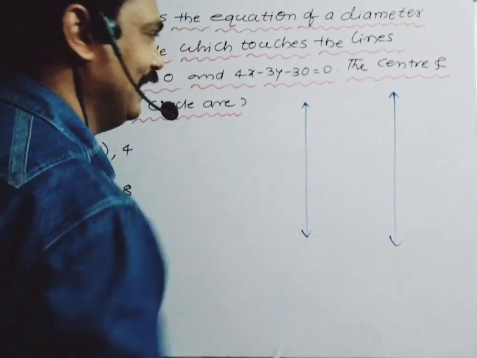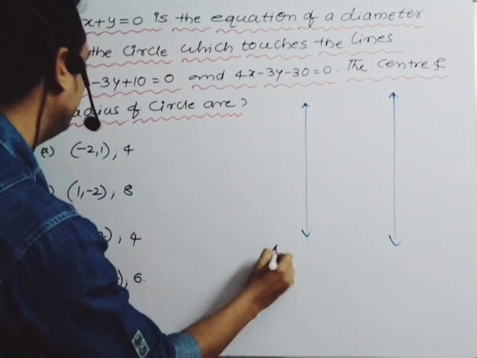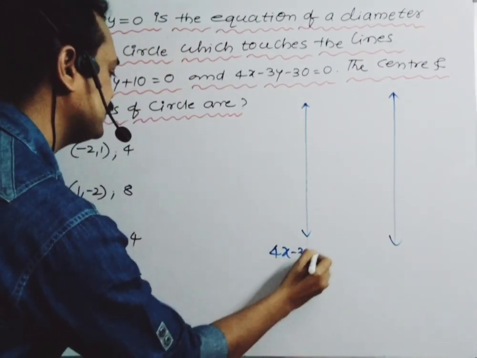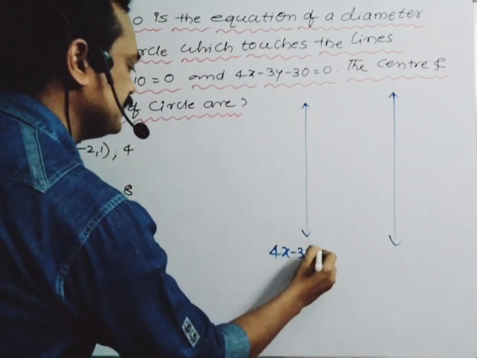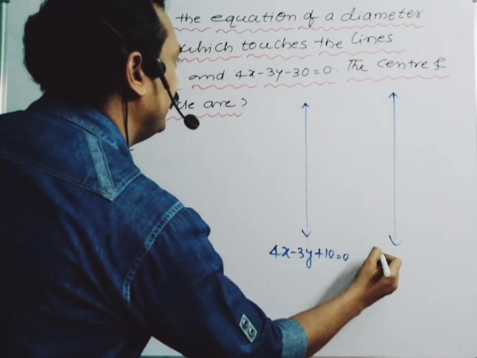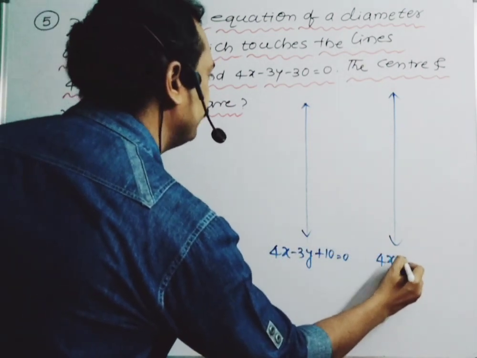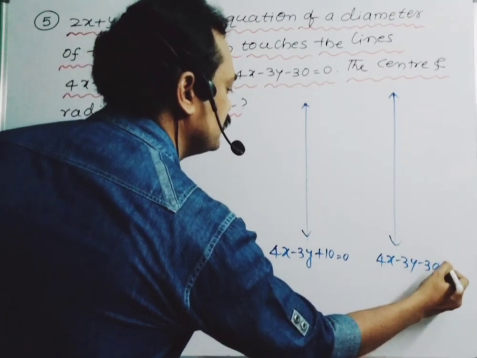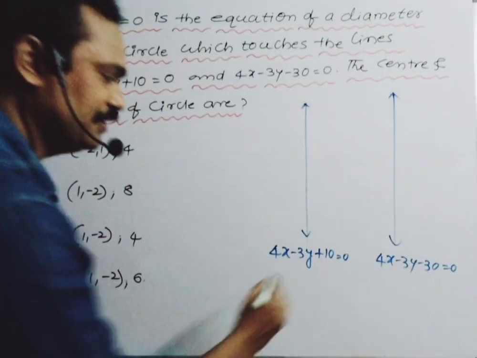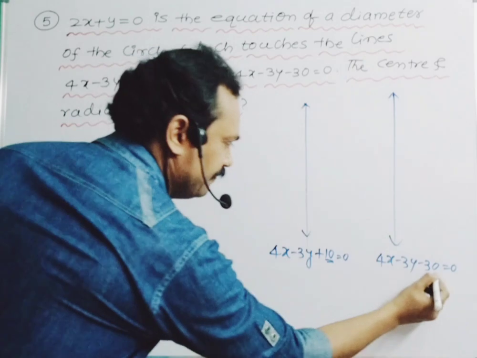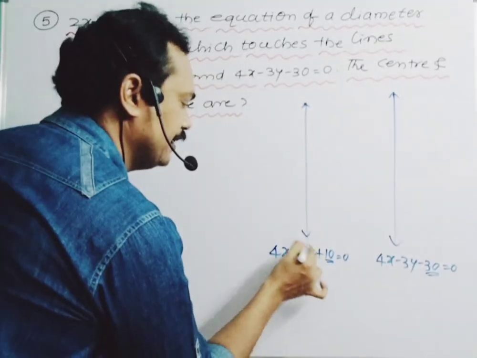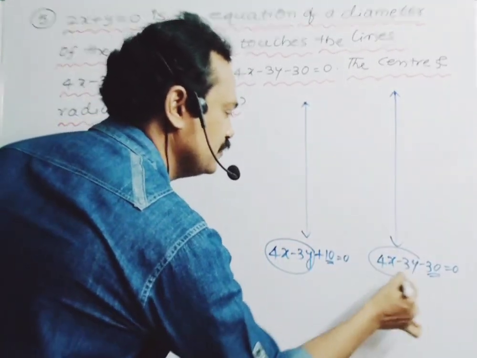They are parallel. Why have I taken them as parallel? If you observe these two equations, 4x minus 3y plus 10 equals 0 and 4x minus 3y minus 30 equals 0, these two lines differ by only the constant. The remaining two terms are as usual.